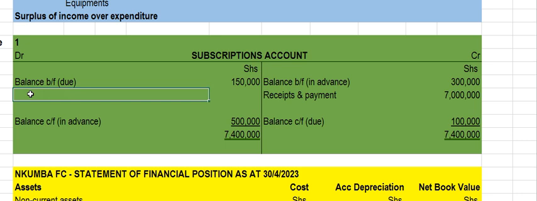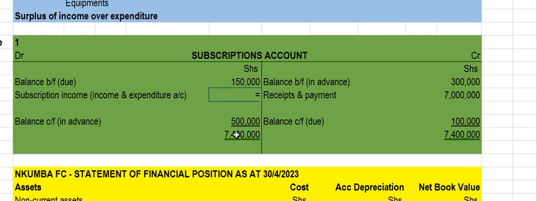So subscription income, what you take to your income and expenditure account. That's how we find out the subscription income for the year. That is 6,750,000.